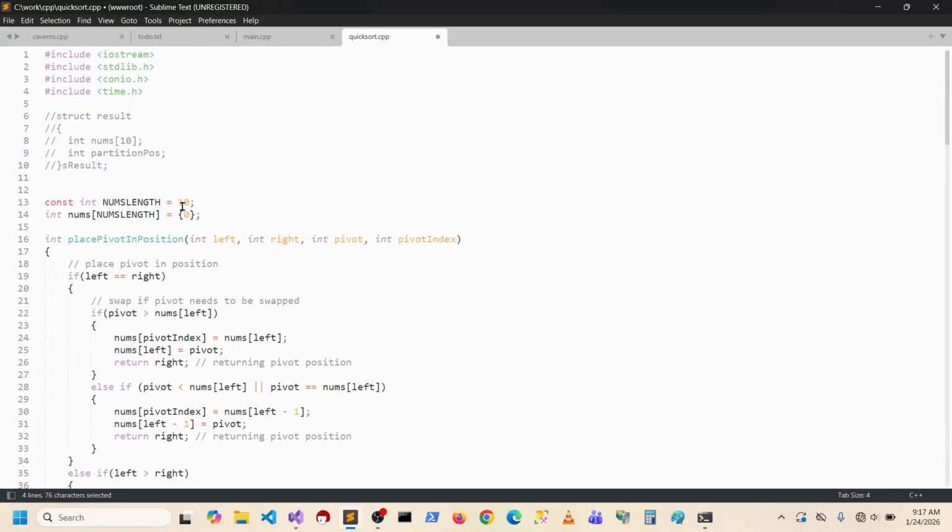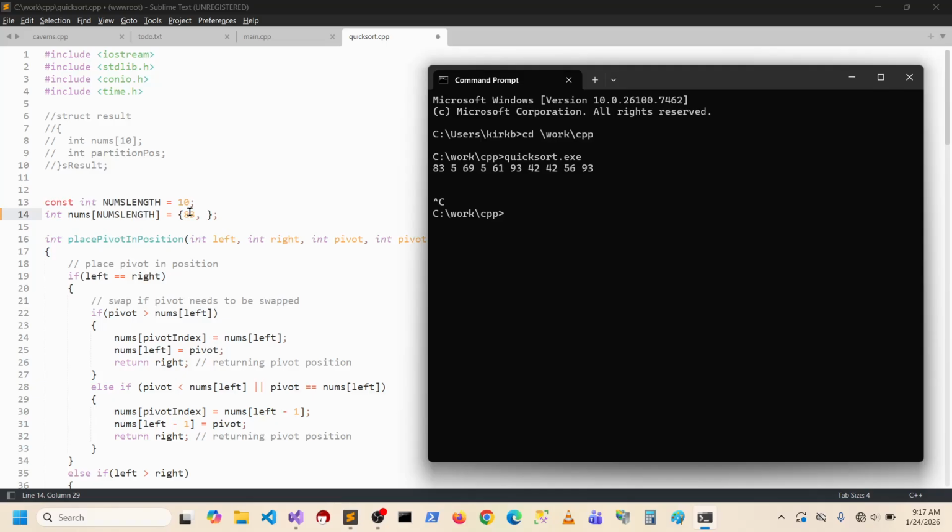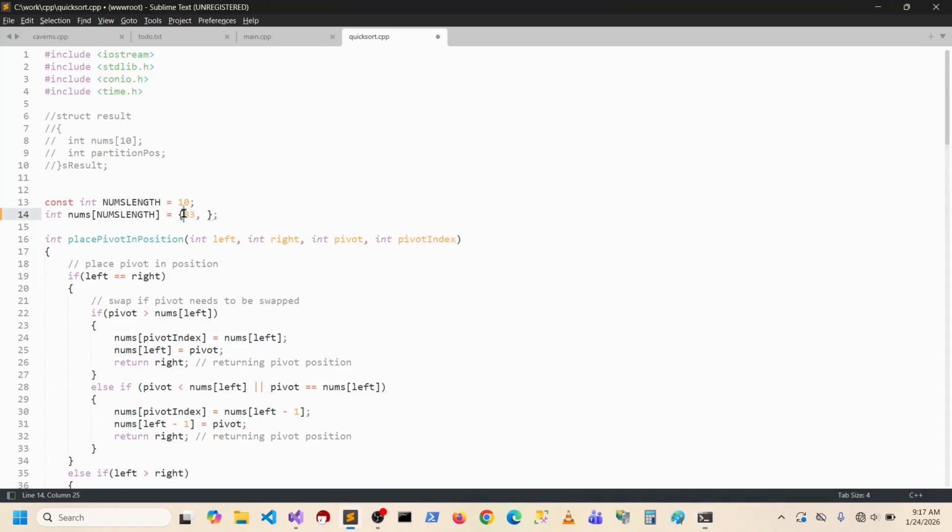Go back up here. What was the first one? 83? 569.5. I wonder if I can just copy everything. Can you copy from a console window? Control V. Let's see.